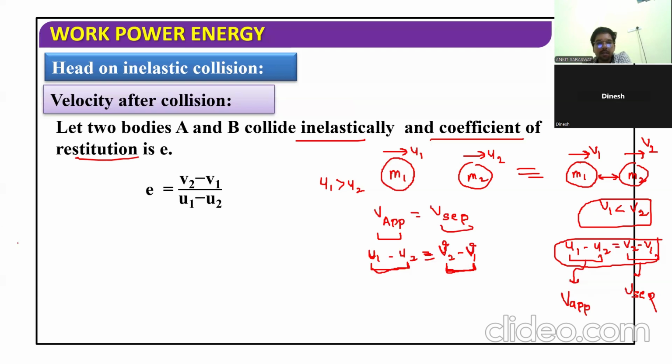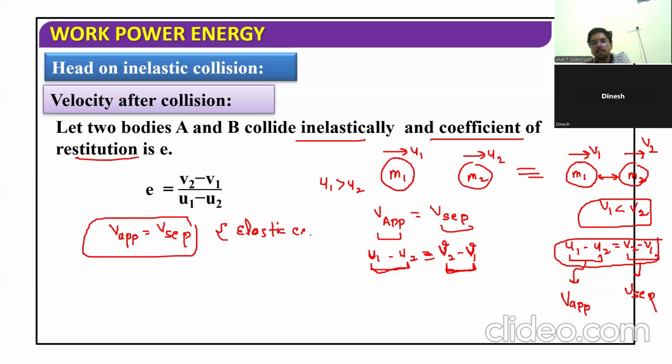Clear? But in many cases, like in elastic collision, we can say the velocity of approach is equal to the velocity of separation. But what about the other collisions, like perfectly inelastic collision?